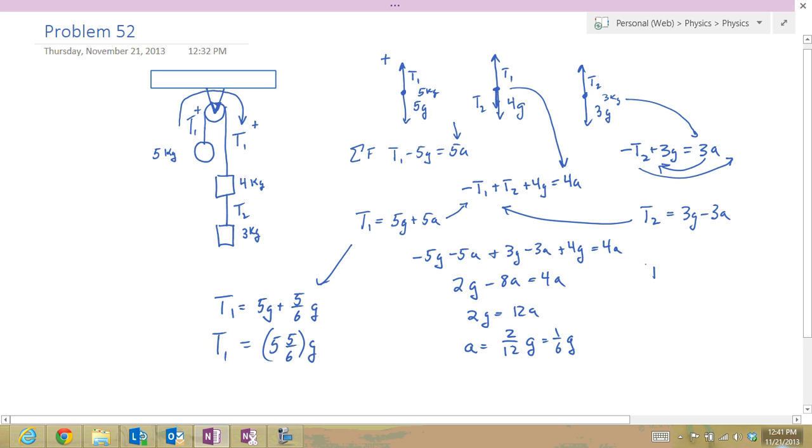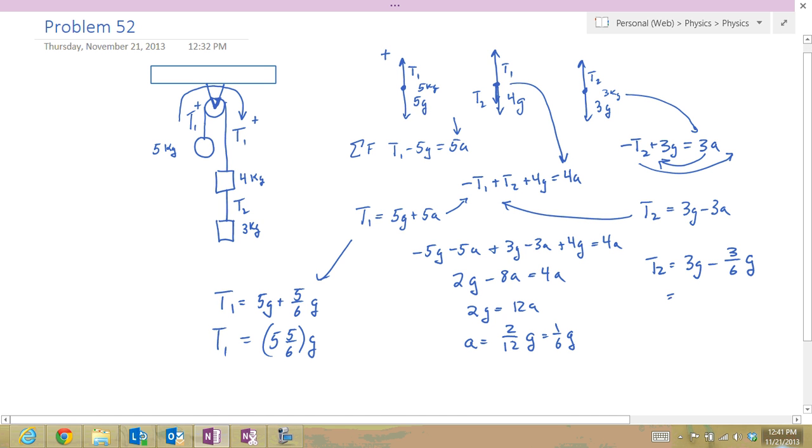And T2 is going to equal 3g minus 3/6 g, which is going to equal, that's a half of a g, so this would be 2.5 times g.